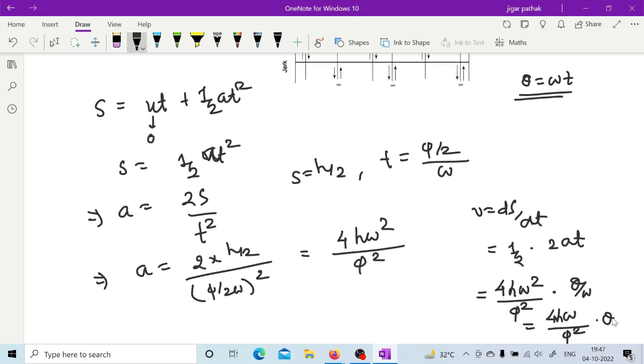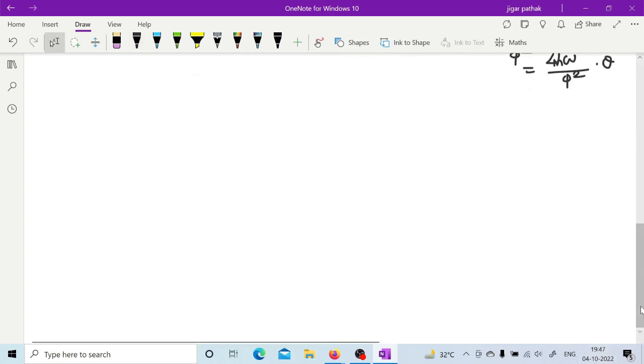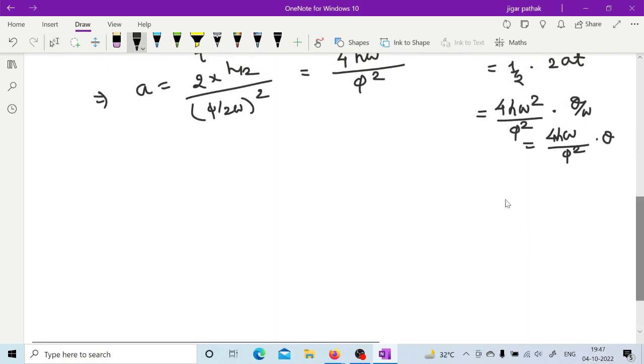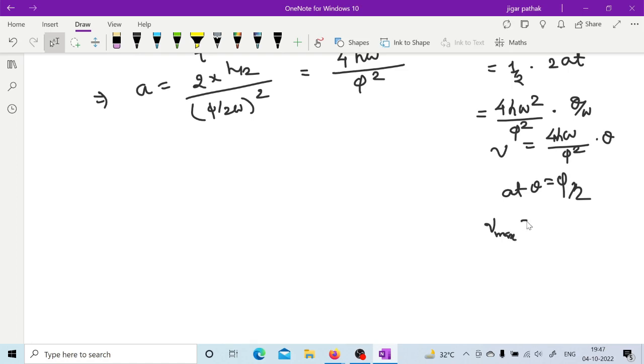Now at theta is equal to phi by 2, you will have maximum velocity. So this is your velocity, right? At theta is equal to phi by 2, you will have this v max, that is 4h omega upon phi square into phi by 2.